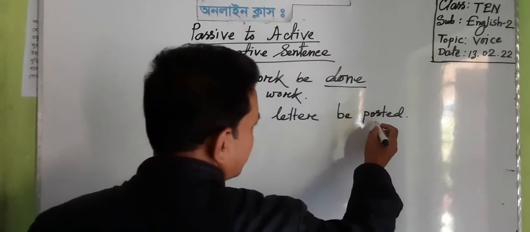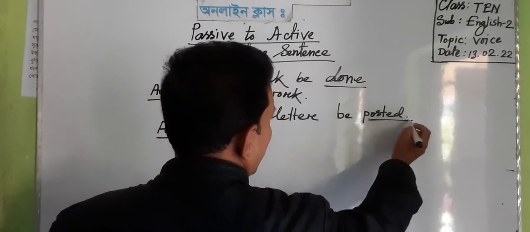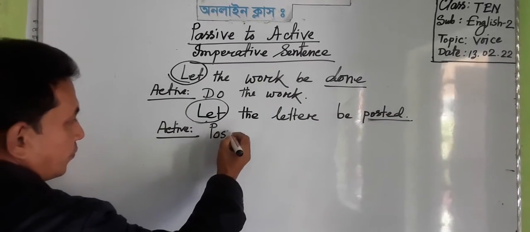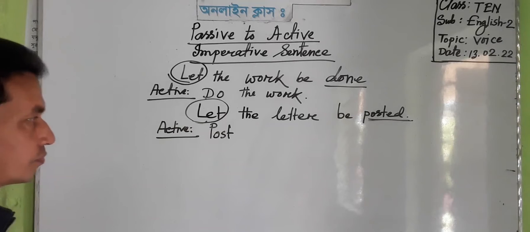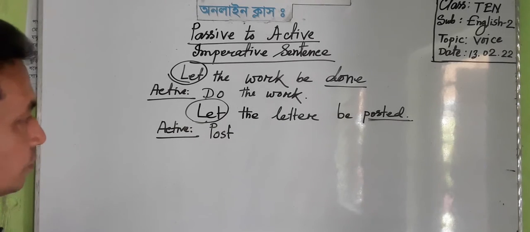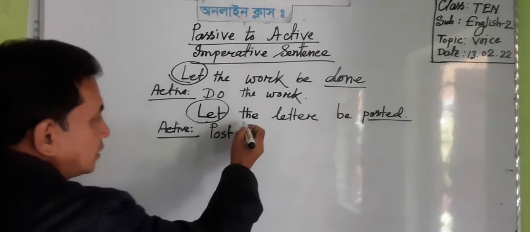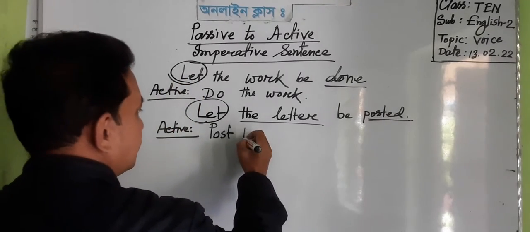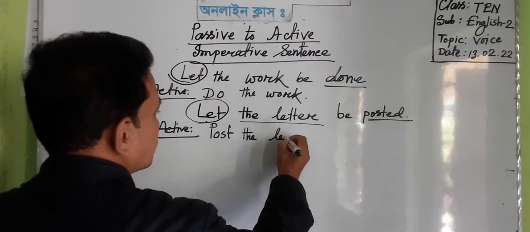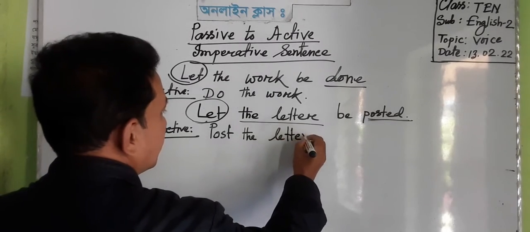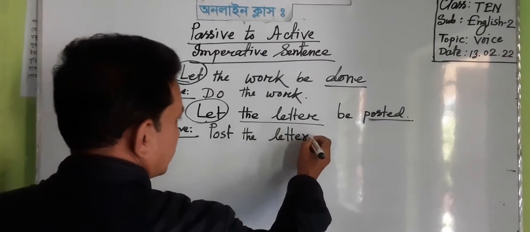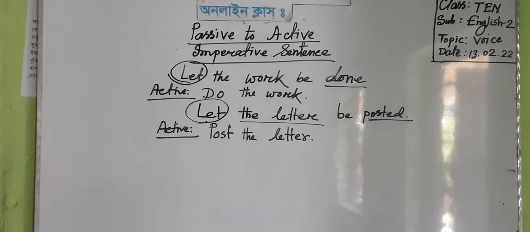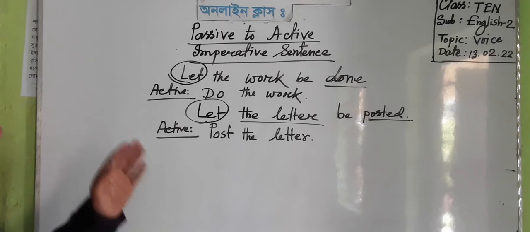The main verb, or principal verb, is posted, and its present form is post. And next we have to choose the object. The letter is the subject here, and its objective form is the same, the letter. Post the letter. This is the function of passive to active in an imperative sentence.